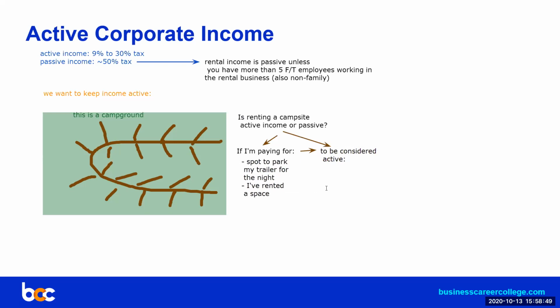I want to add some services to this. And this is something that we really see in campgrounds. Is there a pool on site? Maybe with a lifeguard. If I can get every camper to pay $1 or $2 extra to have a lifeguard at the pool, now we're more into active territory.